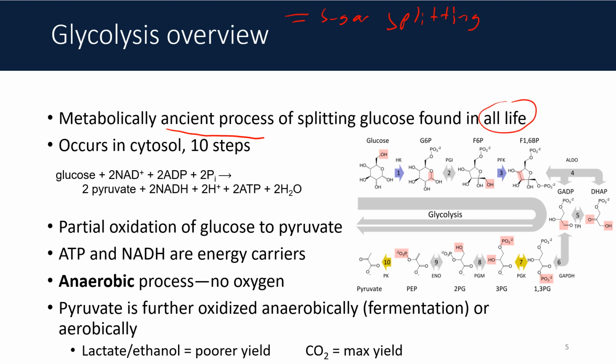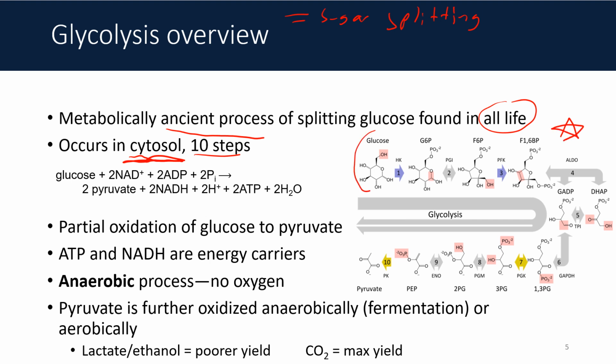Even though glycolysis is considered the first step in cellular respiration, it occurs in the cytosol, not the mitochondria. We'll get to the mitochondria soon enough. The whole process of glycolysis occurs in a series of 10 enzyme-catalyzed steps, and you can see that illustrated in this schematic over here.